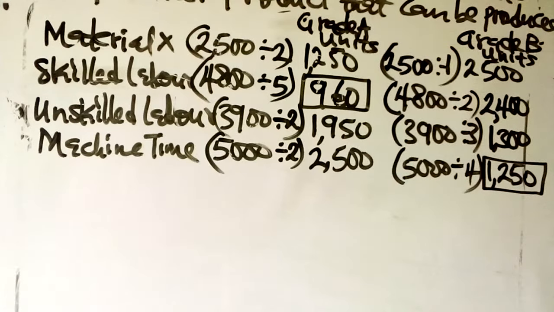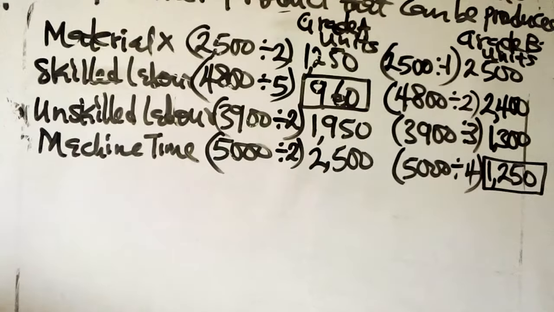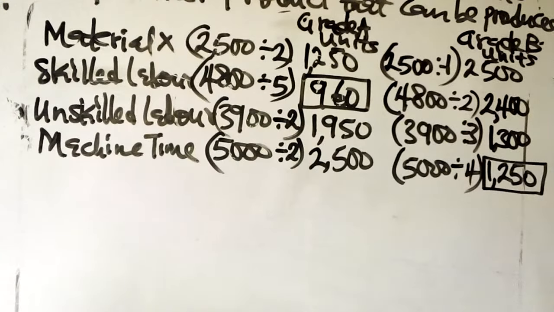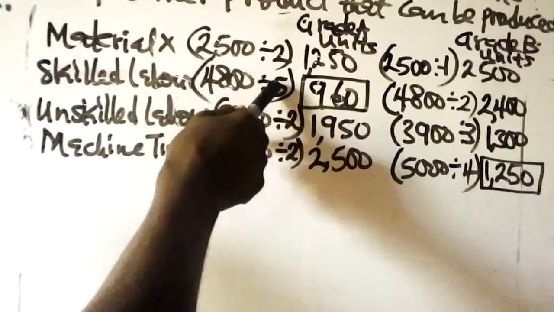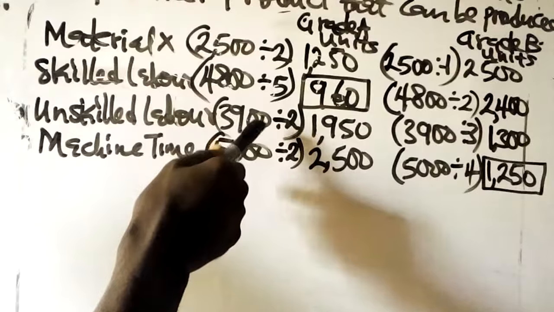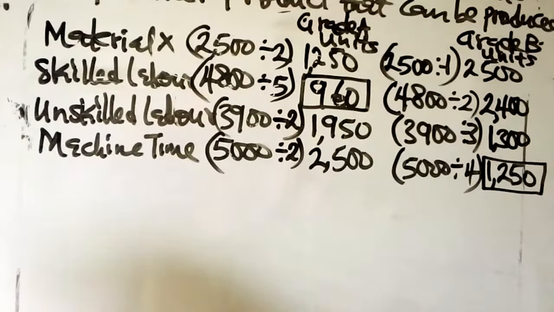It should be noted that the company should produce 960 units of grade A, and 1,250 units of grade B. For a unit of the product to be produced, 2 kg of materials, 5 hours of skilled labor, 2 hours of unskilled labor, and 2 hours of machine time will be required for a unit.